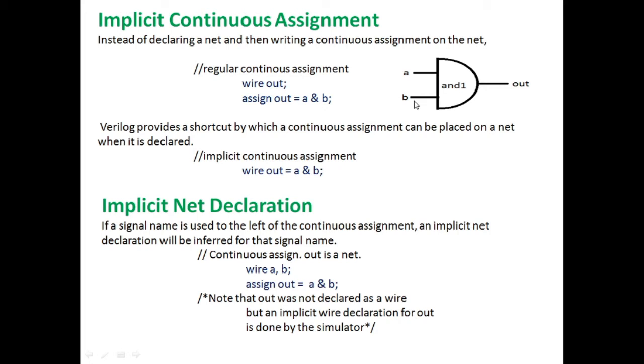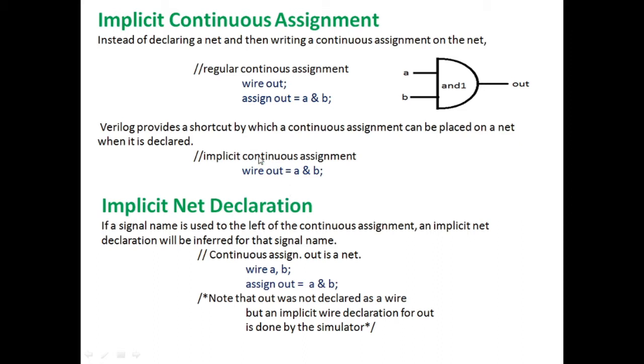Input may be a scalar, a register, or a wire data type. So what's happening in the implicit continuous assignment? Instead of declaring a net and then writing a continuous assignment on the net, Verilog provides a way where a continuous assignment can be placed on a net whenever it is declared.